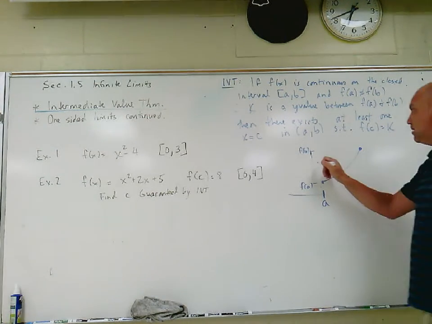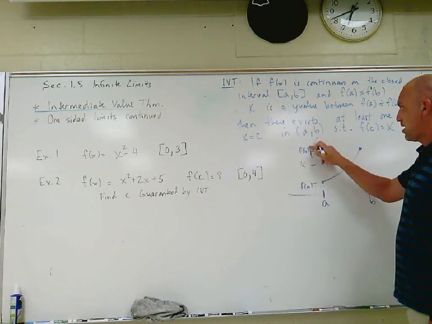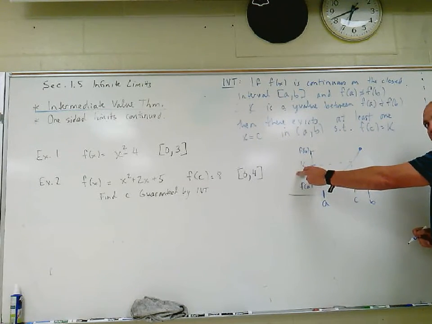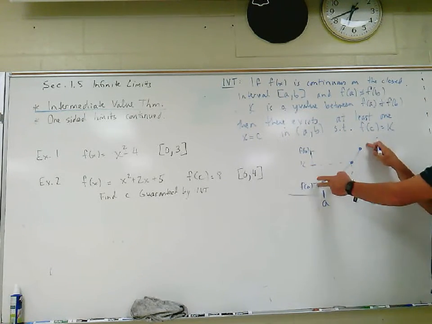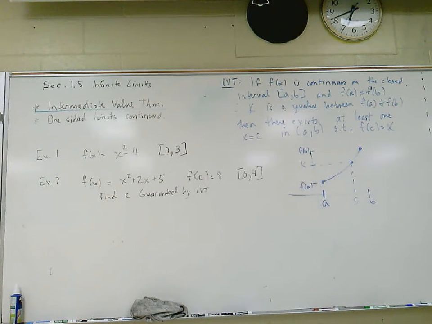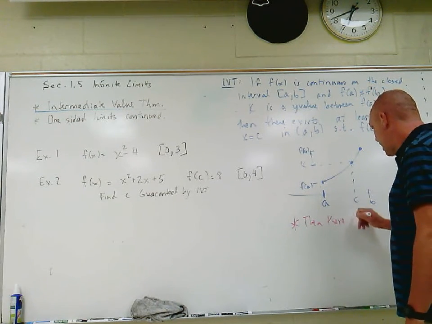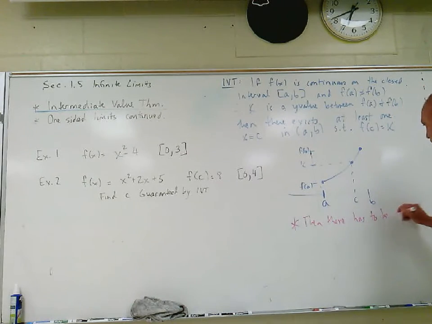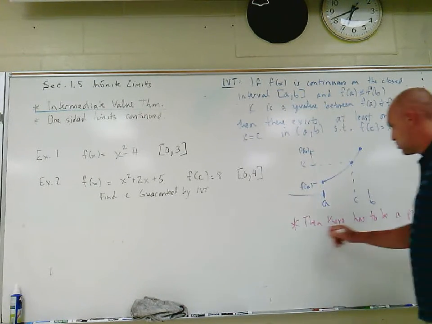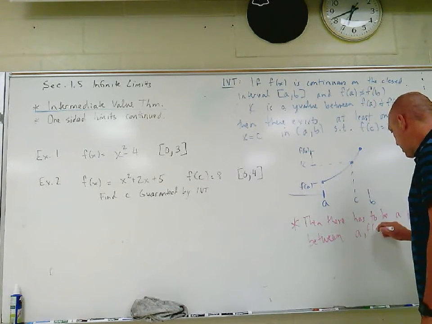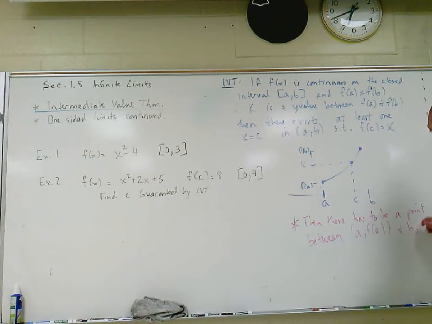So if K is between f of a and f of b, K is a y value, then there has to be an x that gives that y value K, and that point is in between the two points.